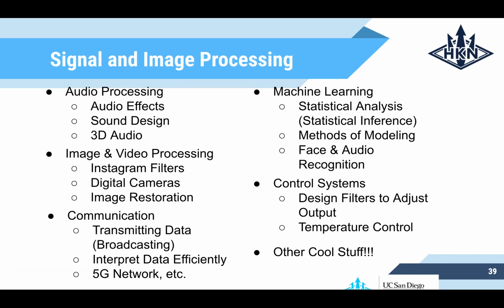5G, for example, is a very hot topic right now. People are trying to come up with ways to deliver those very high frequency, very strong signals without interfering with other common signals, like airline signals or phone signals.